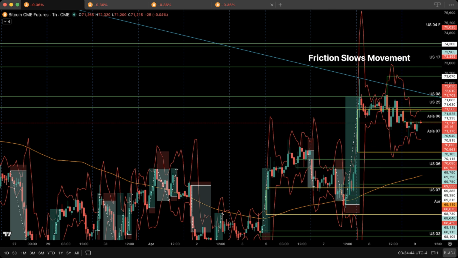Now relocation attempts weaken. Price still travels across multiple session levels, but cannot establish position outside them. This is relocation without persistence. Relocation requires holding outside structure. Without holding, the move collapses back into interaction. The environment shifts from movement to interaction.